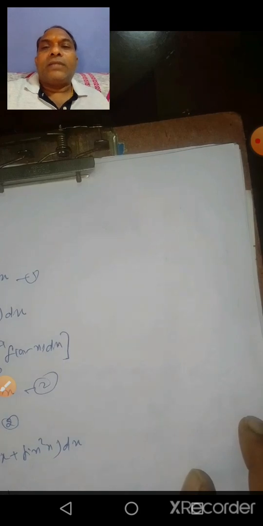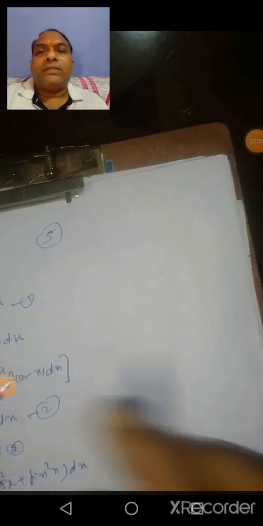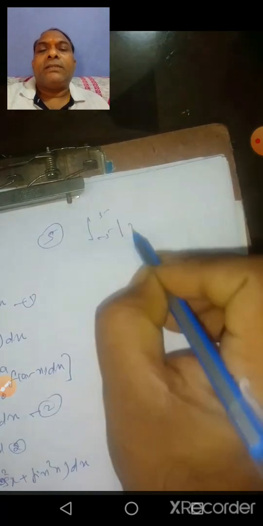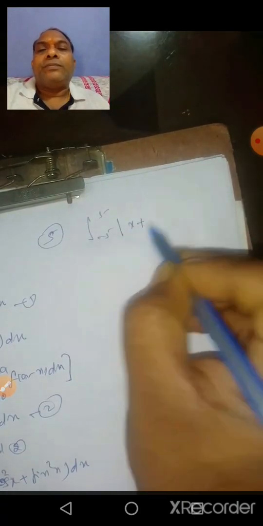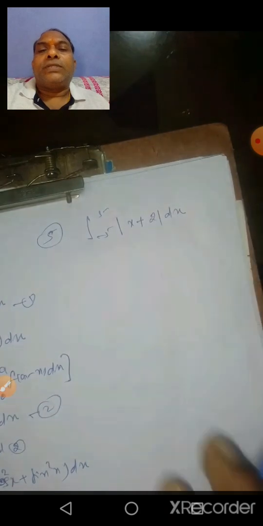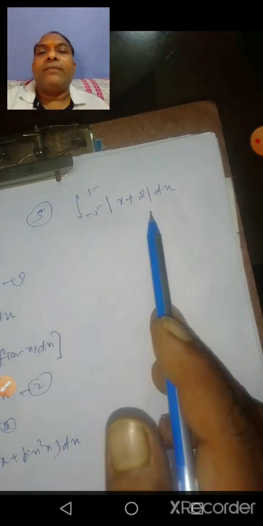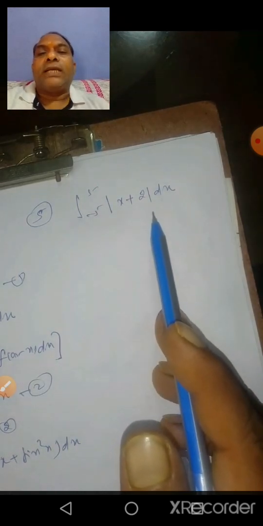So we can use properties of definite integrals to solve the questions. Next question is question number 5: integration minus 5 to 5 mod x plus 2 dx.